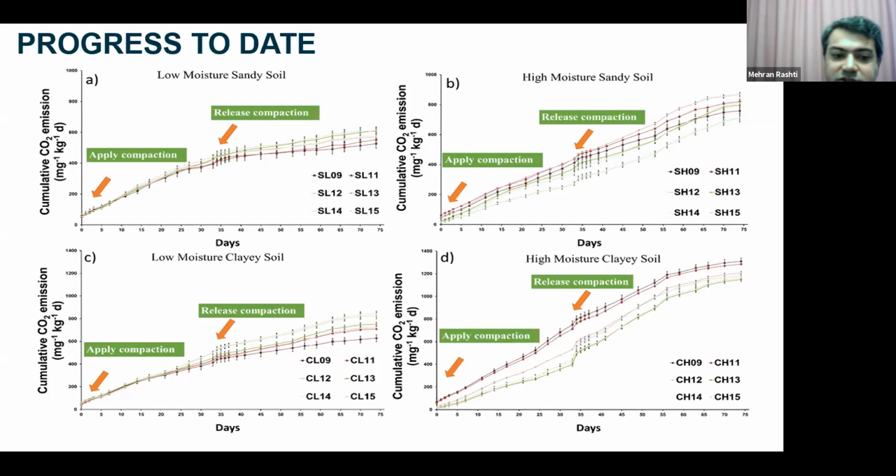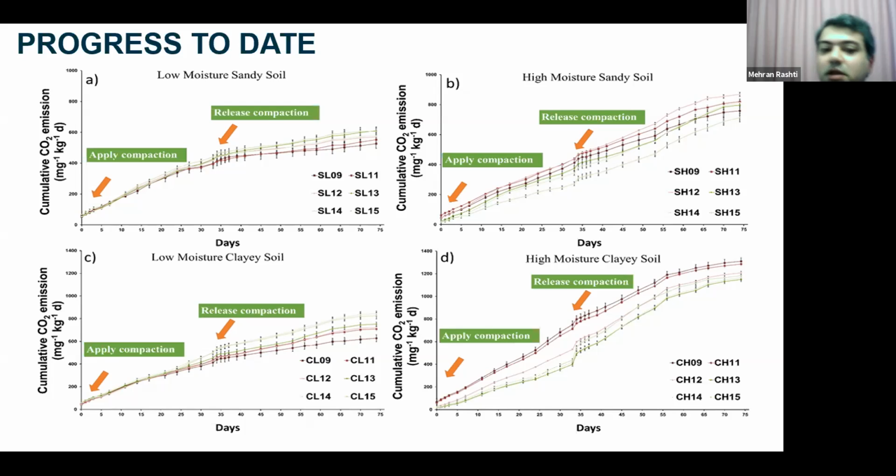In low moisture condition, after starting the stress at day 0, the CO2 respiration is really similar in different compaction conditions, meaning that the compaction didn't really affect it in a dry soil. If you have a dry soil, the drought is more dominant in changing microbial activity than the compaction.